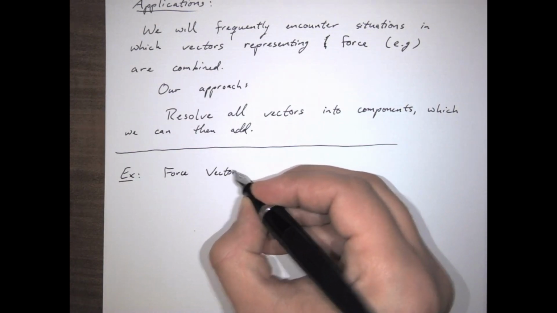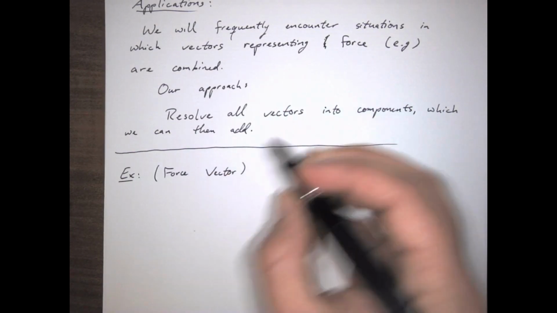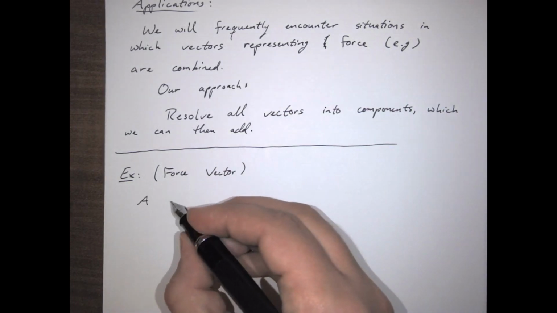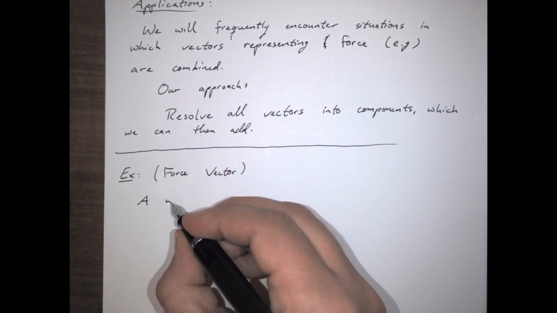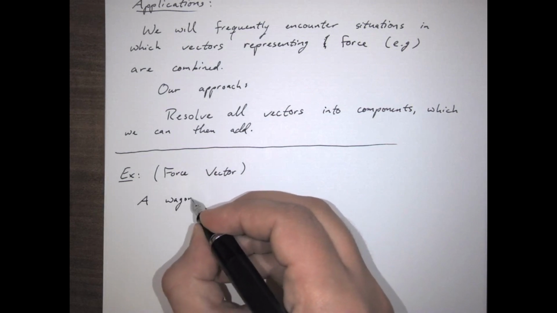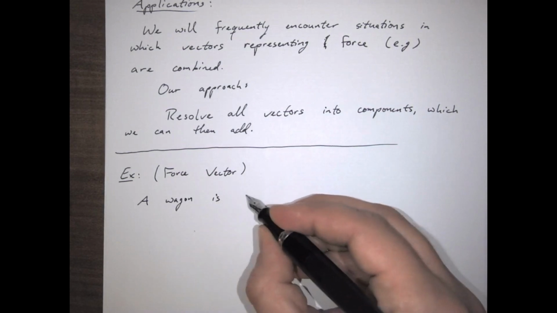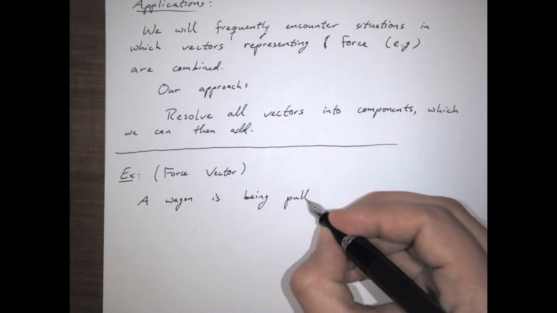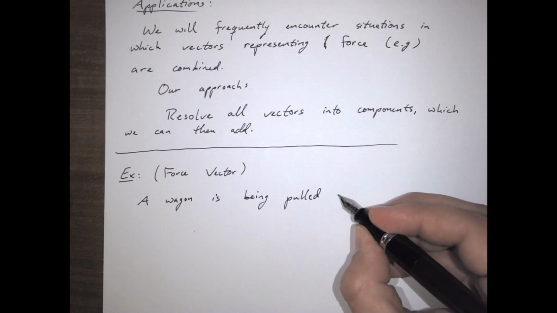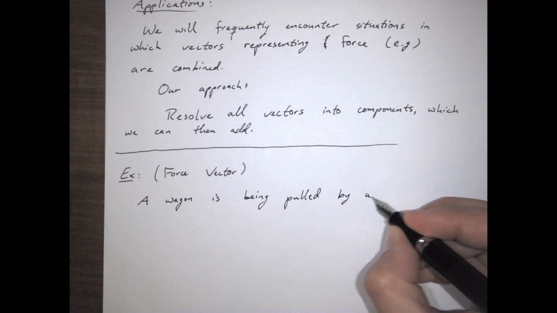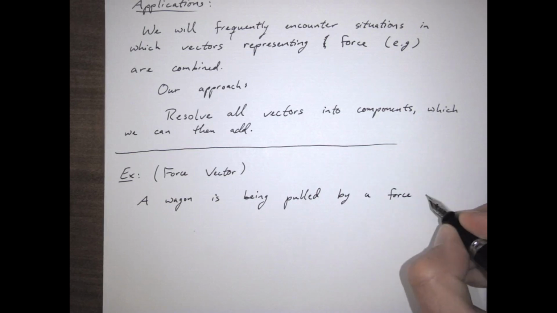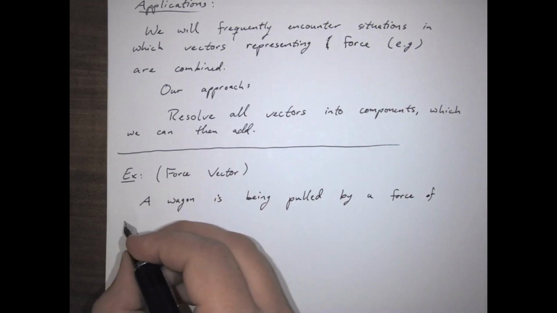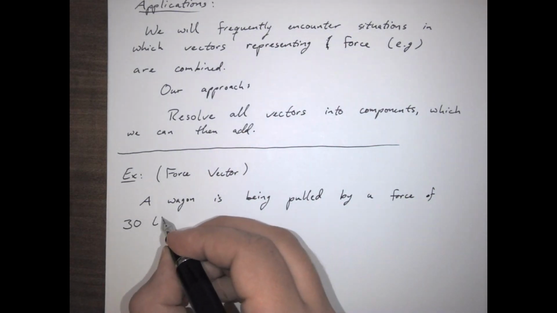Force vector. Let's say a wagon, like a toy wagon, is being pulled by a force of 30 pounds.